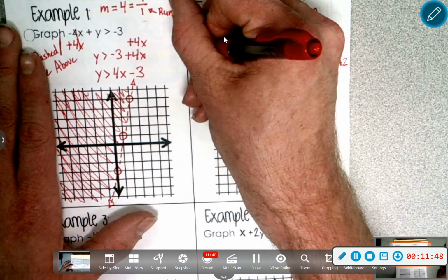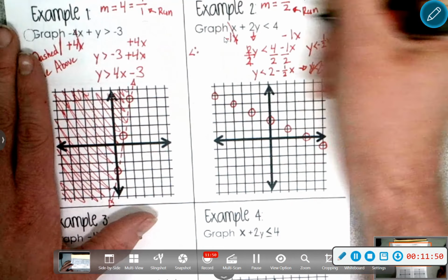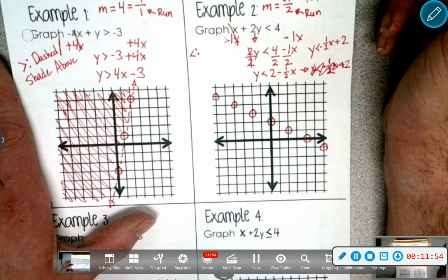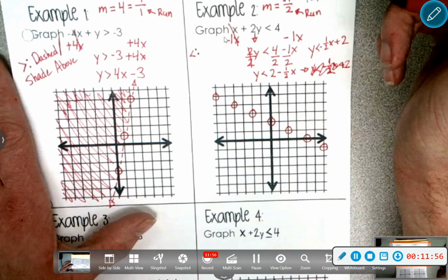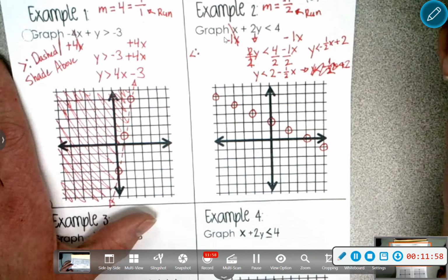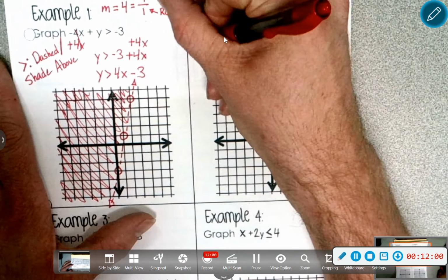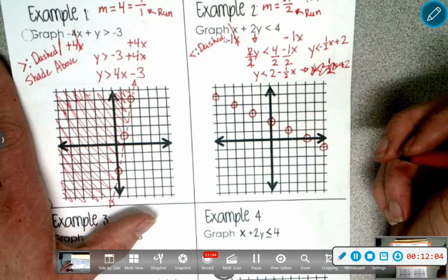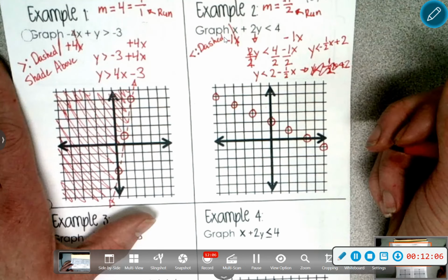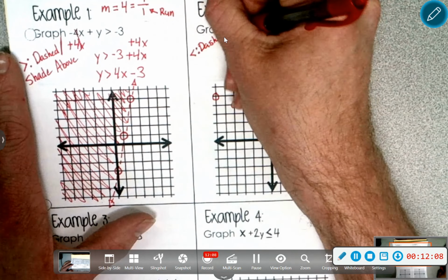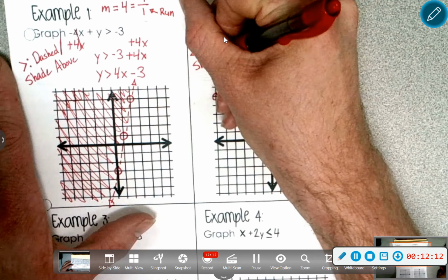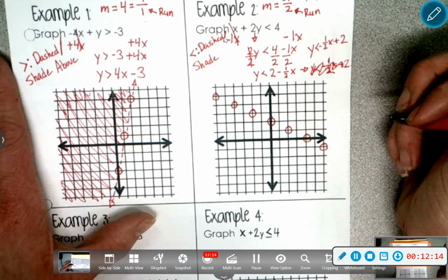Because my inequality symbol is a less than symbol, will it be dashed or solid? Dashed. It will be dashed because it is less than but not equal to. And we're going to shade above or below this time?